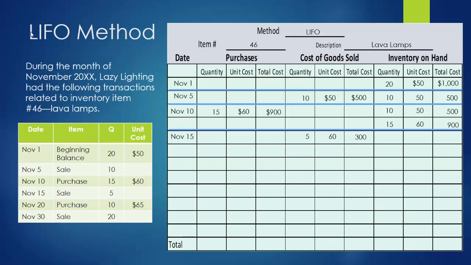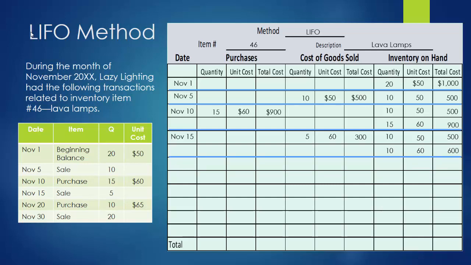What inventory do we have left still? We still have all 10 of those $50 lava lamps that we started the month with. And we had 15 $60 lava lamps, but we just sold 5 of them. So we have 10 $60 lava lamps left on our books, and the total cost basis that Lazy Lighting has for those lava lamps left over from the November 10th purchase is $600.